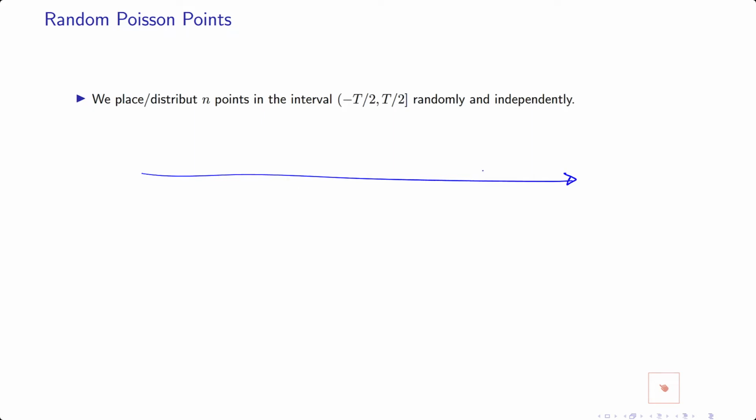And then we consider a time interval from minus T over 2 to T over 2, closed on one side and open on the other. Suppose all the points in this interval are equally likely to be taken by the first experiment. So a child is, or a photon is, given birth to at this point randomly, and then another point here.